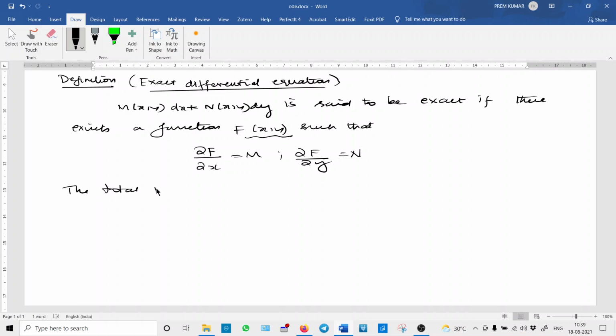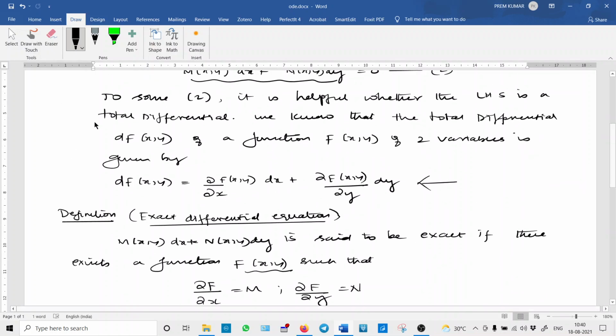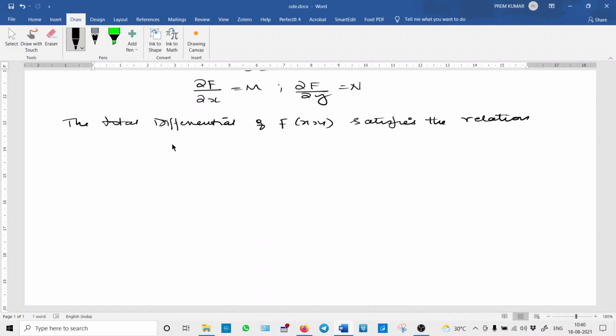The total differential of this F satisfies the relation. See, what is the total differential definition? Simply, in place of dou F by dou x we substitute M, and in place of dou F by dou y we substitute N. The total differential of F is written as dF of x comma y equals M dx plus N dy, because it satisfies this condition.